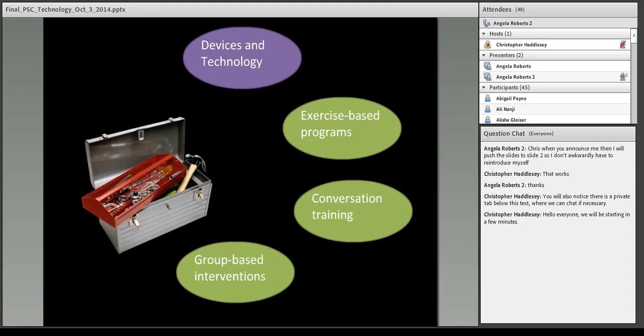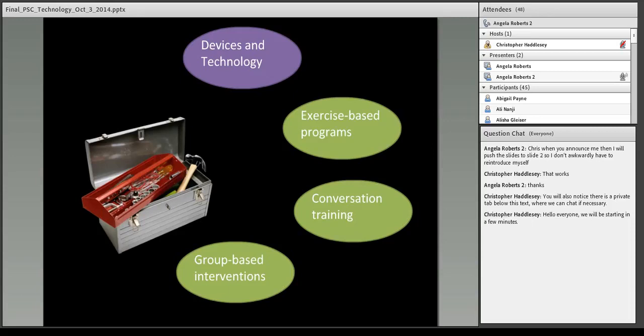And then we really think about devices and technology as a supplement to these other aspects of therapy. How can we use voice amplifiers, computers, iPads, other tablet devices, smartphones, to really supplement the other options that we have to create an entire package of options for supporting communication in PD.